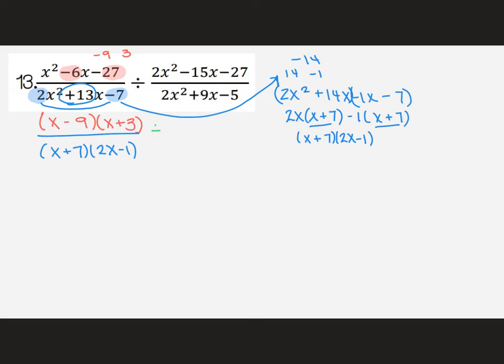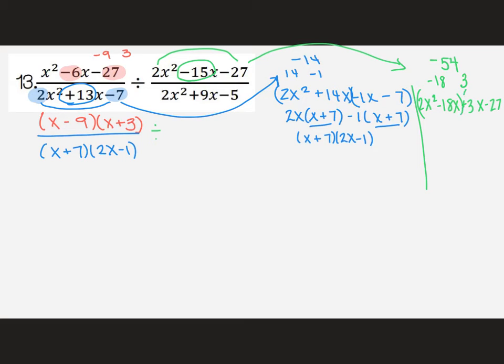In the next numerator, I'm going to do the exact same thing. So 2 times negative 27 is negative 54. I'm looking for factors of negative 54 that add to be negative 15. So that's negative 18 times 3. I want to rewrite, so 2x squared minus 18x plus 3x minus 27.